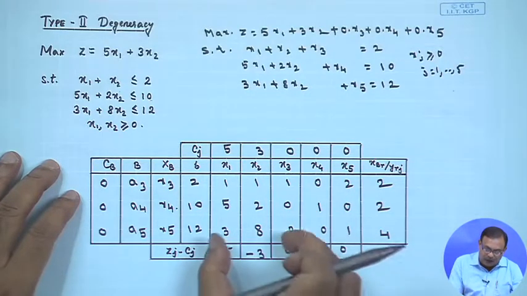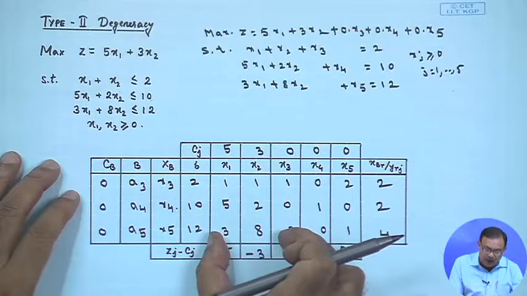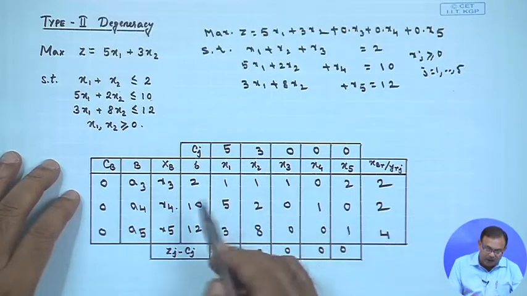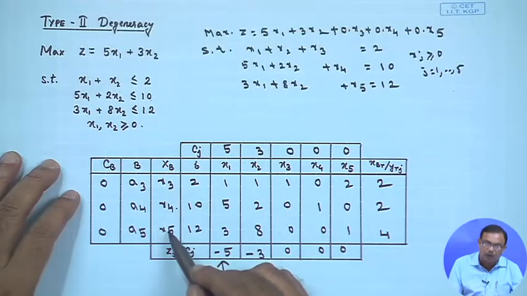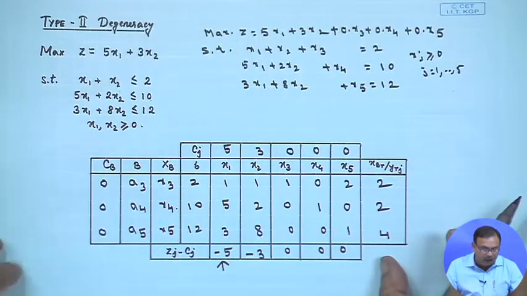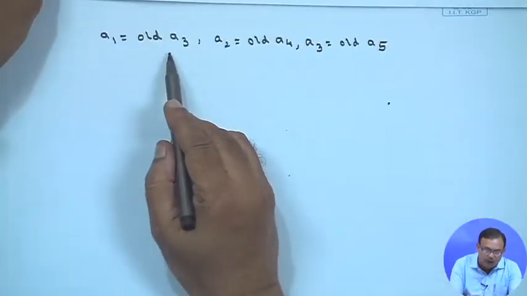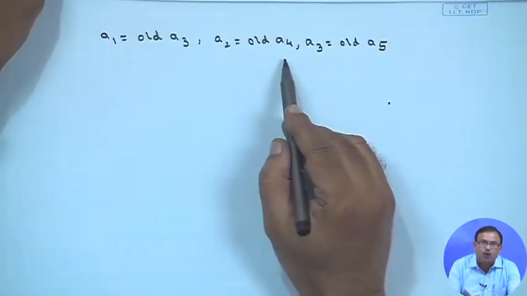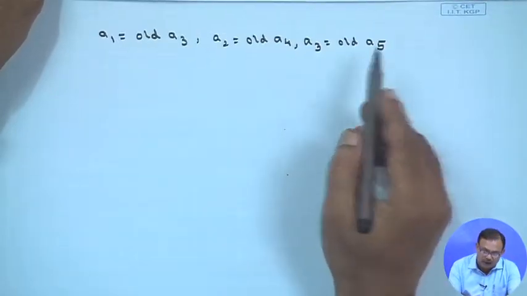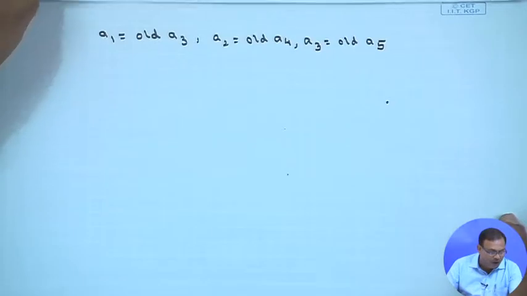Means the first 3 columns will now represent the 3 basic variables x3, x4 and x5, and that is the reason we are writing this: A1 equals old A3, A2 equals old A4 and A3 equals old A5.